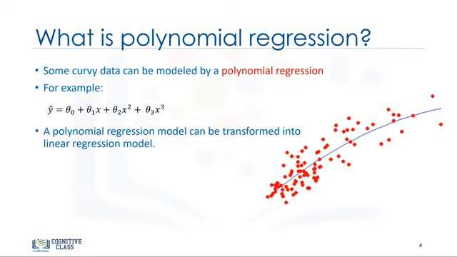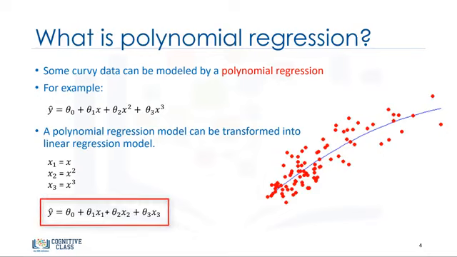Given the third-degree polynomial equation, by defining x1 equals x and x2 equals x squared, or x to the power of 2, and so on, the model is converted to a simple linear regression with new variables as y hat equals theta 0 plus theta 1 x1 plus theta 2 x2 plus theta 3 x3.